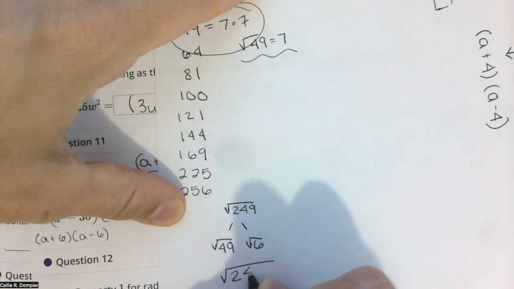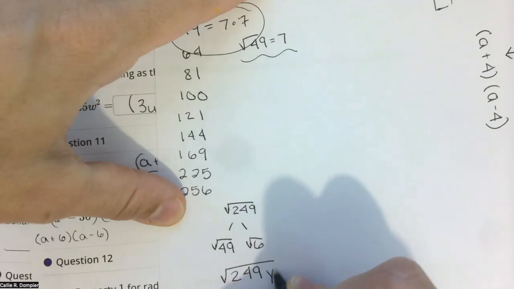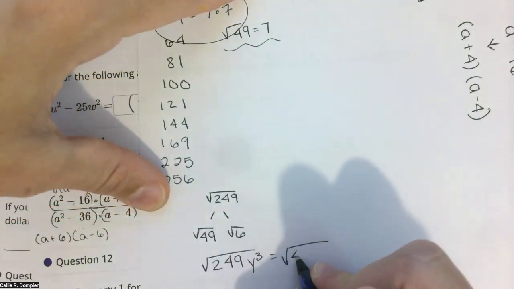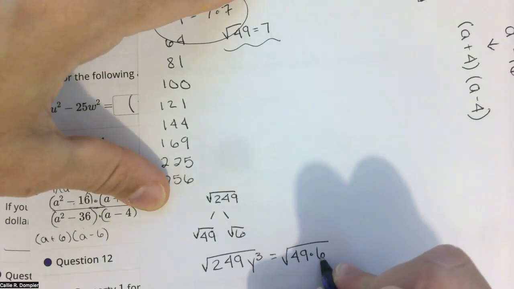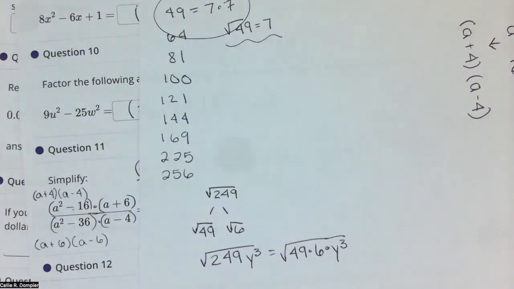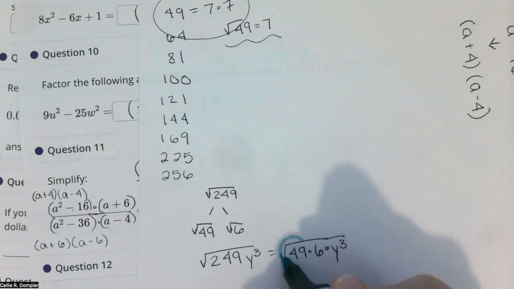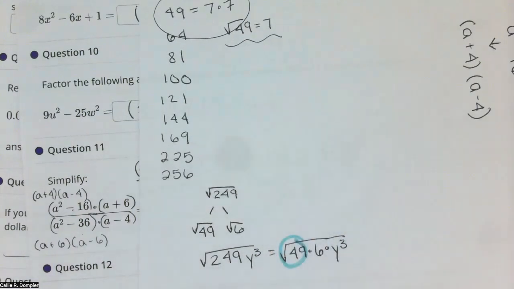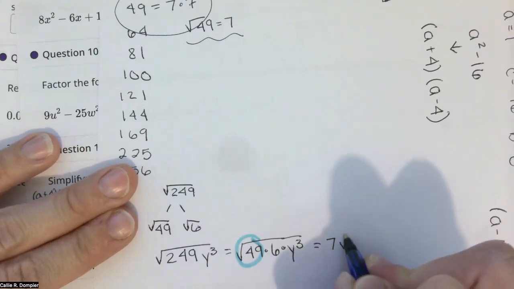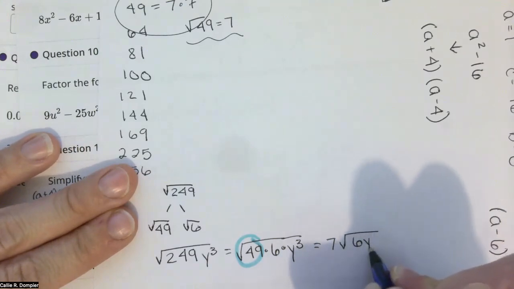So 294 y cubed is the same as 49 times 6 times y cubed, right? And then we're going to take out the 49 and make it a 7 outside the radical. So that becomes 7 square root 6y to the third.